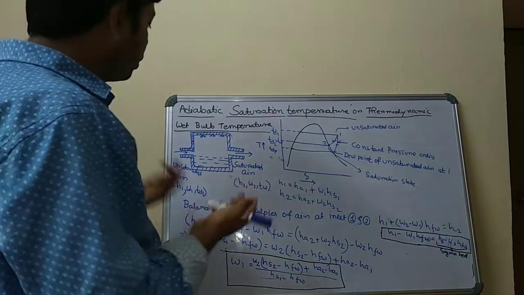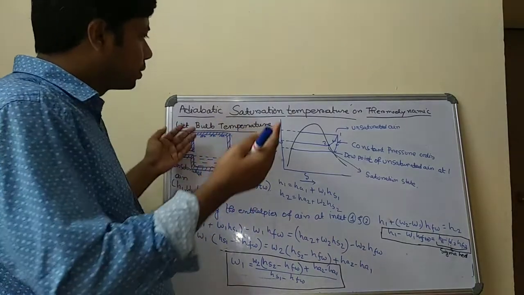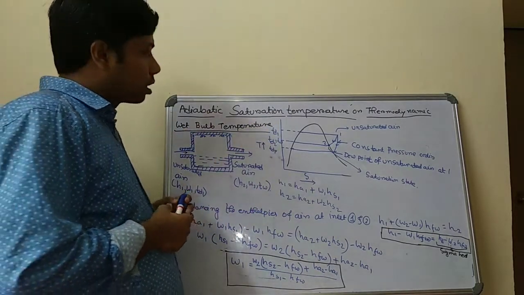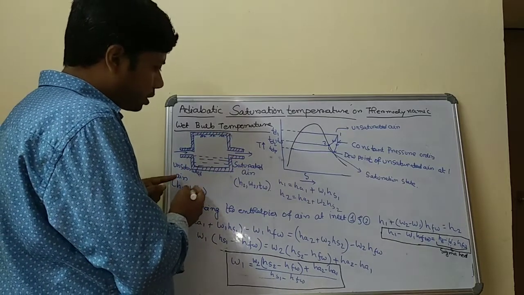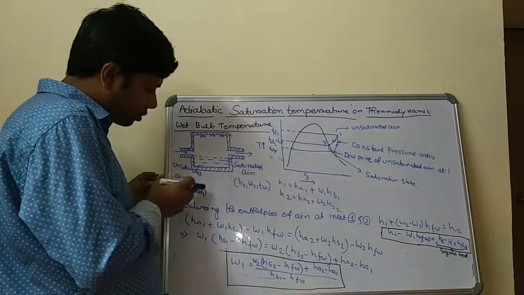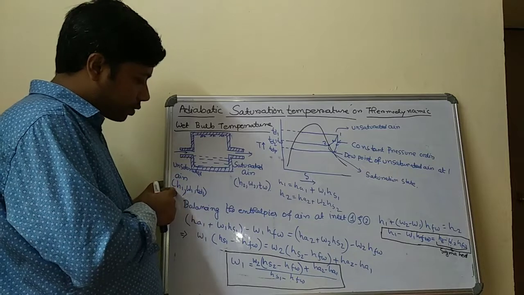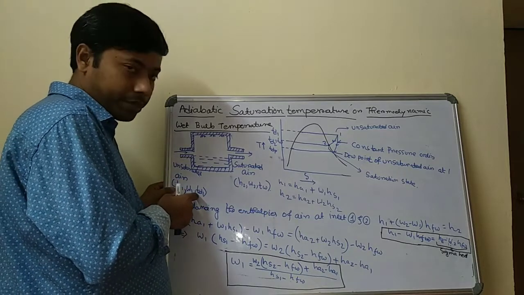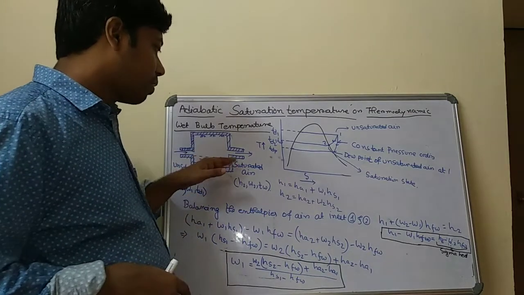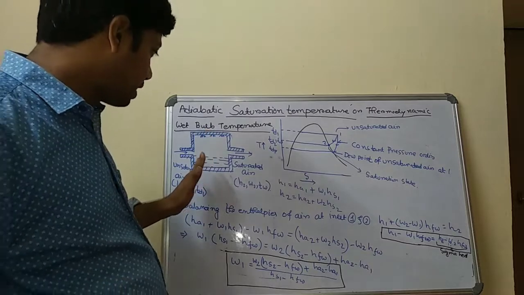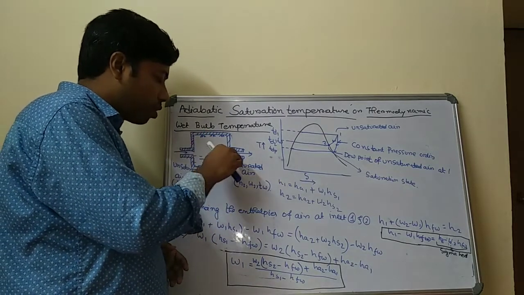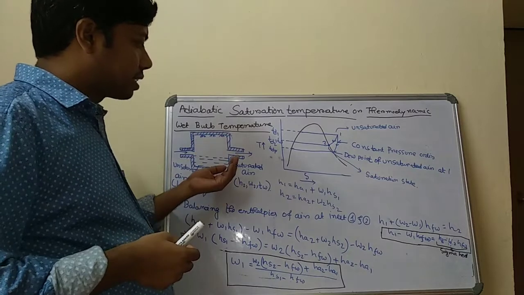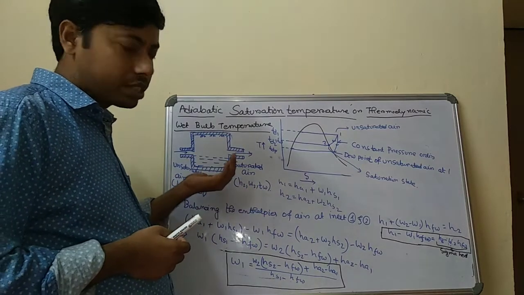Now if we look at the arrangement for the adiabatic saturation temperature, this is unsaturated air and this is saturated air. For unsaturated air, the enthalpy is H1, the specific humidity is W1, and there is the adiabatic temperature. When the evaporation process takes place and the unsaturated air passes over the long sheet of water, the state goes to the saturated air state.